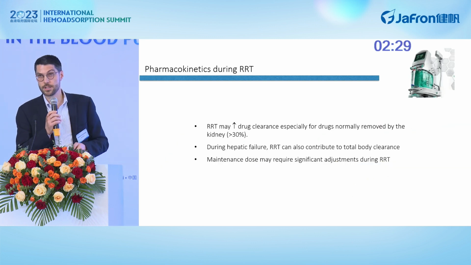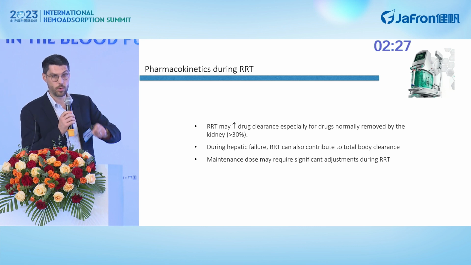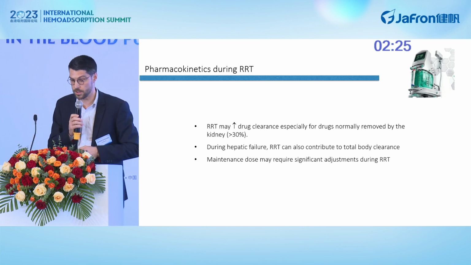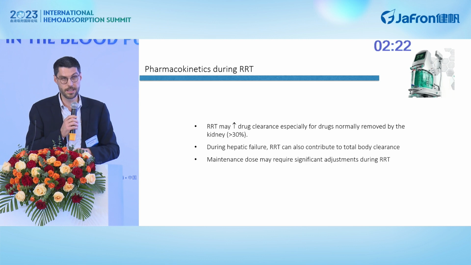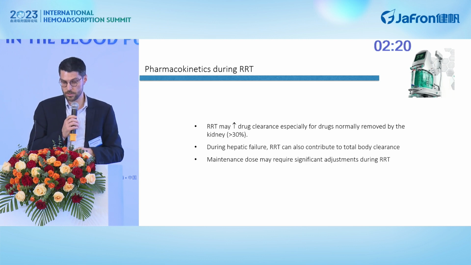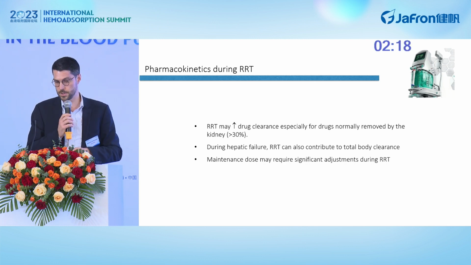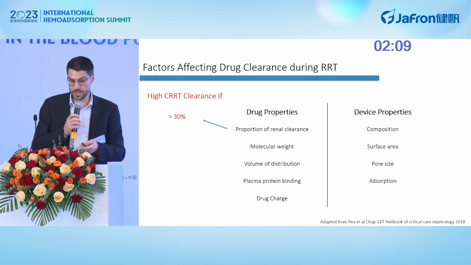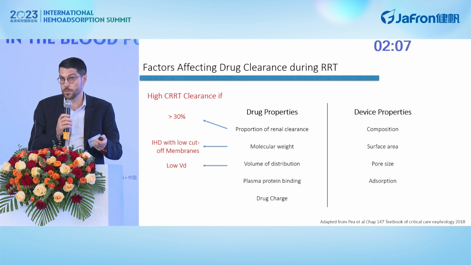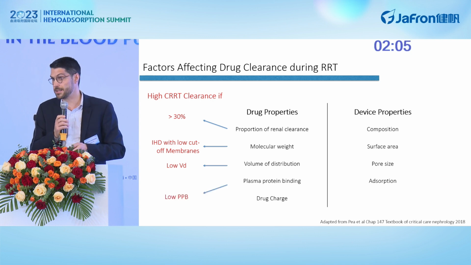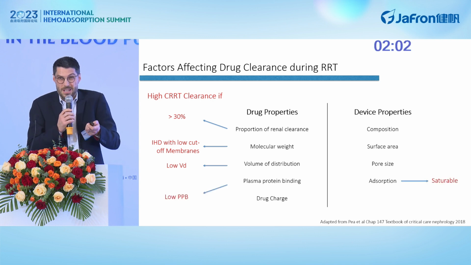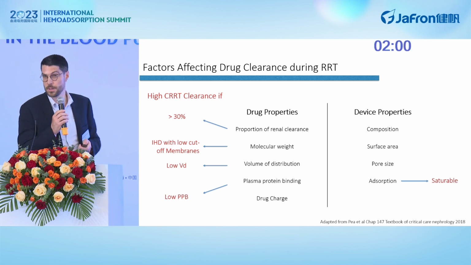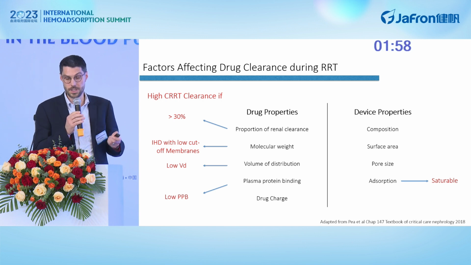We also have to consider that when you do hemoadsorption in parallel to CRRT, RRT itself is really going to influence the removal of the drug, and that has to be considered as well. Of course, the properties of the drug, the proportion of the drug, the renal clearance, the molecular weight, the volume of distribution, the plasma binding, and the adsorptive capability of the membrane itself also need to be considered.